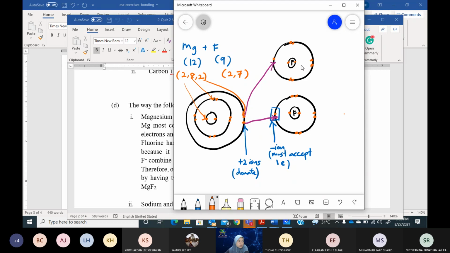Six, eight. So this has 8 to 8. This one also to 8. So stable. This one also to 8.